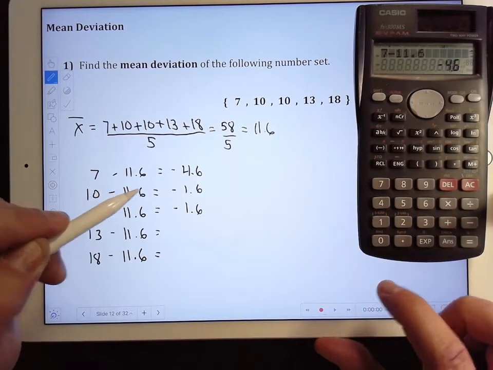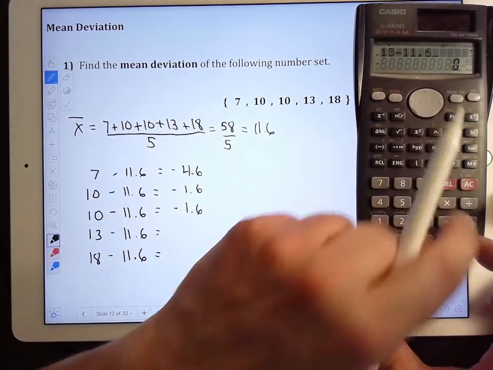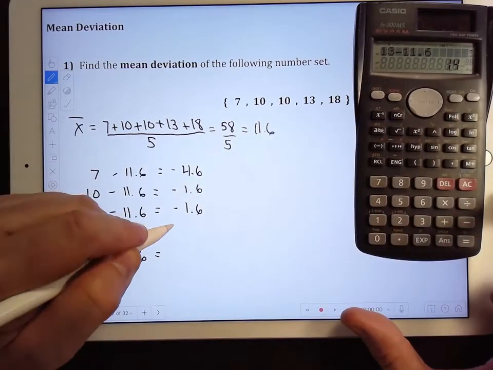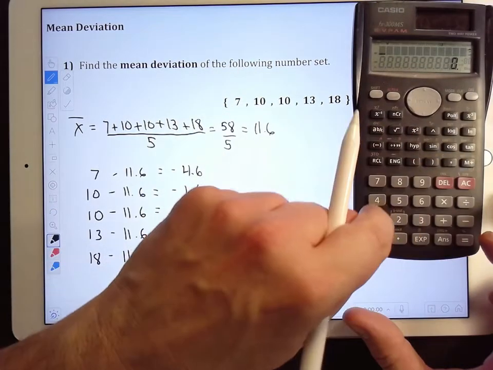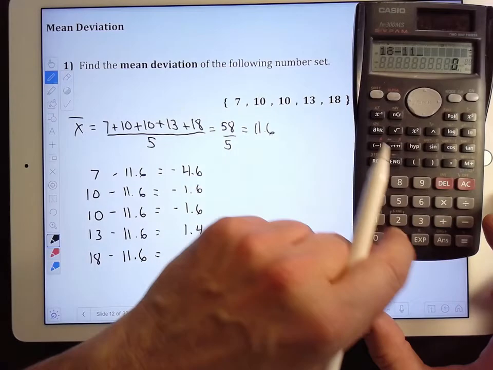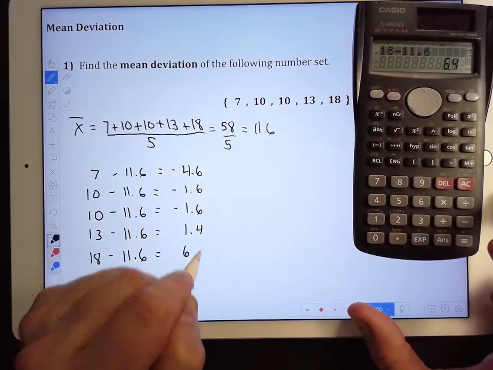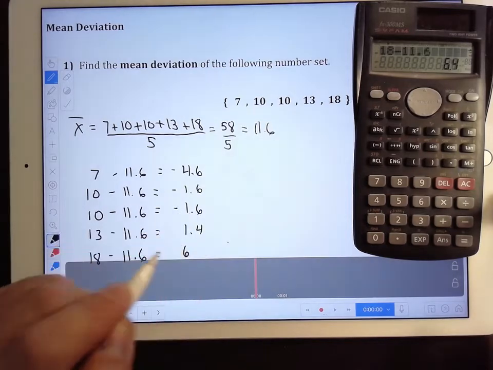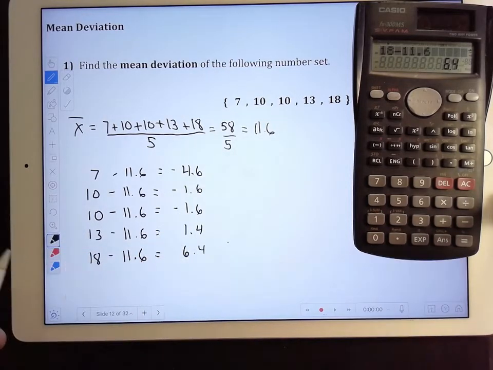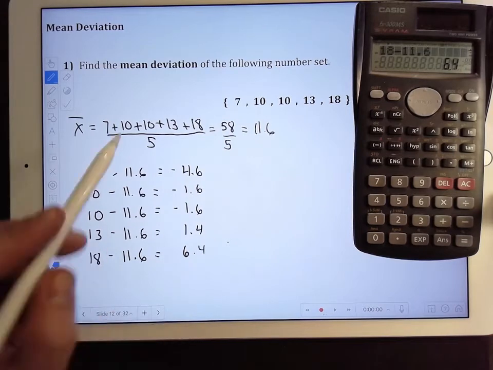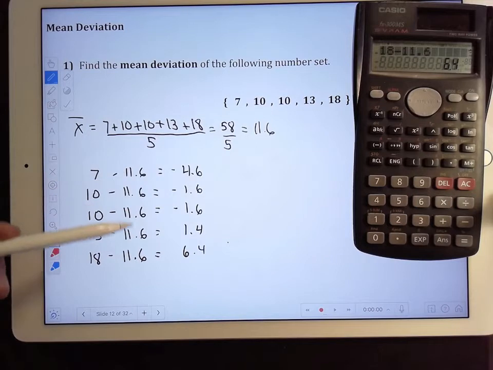Twice. 13 minus 11.6 will give me 1.4, positive. And 18 minus 11.6 will give me 6.4. So these represent the differences of each of those data points from that average.